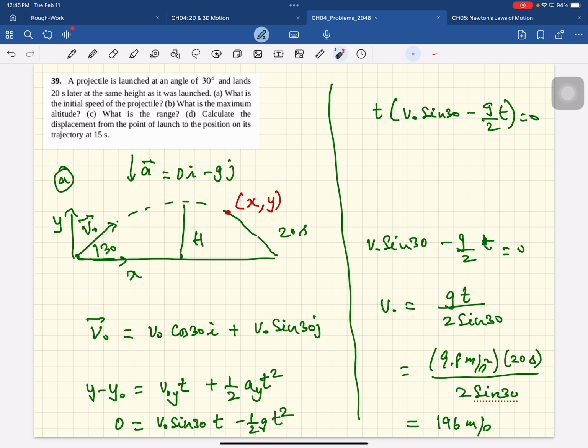You want to write your velocity in component form. You want to write your acceleration in component form. And then look at the x motion and the y motion independently. Whenever you need timing information, you generally get it from the y component of the motion.